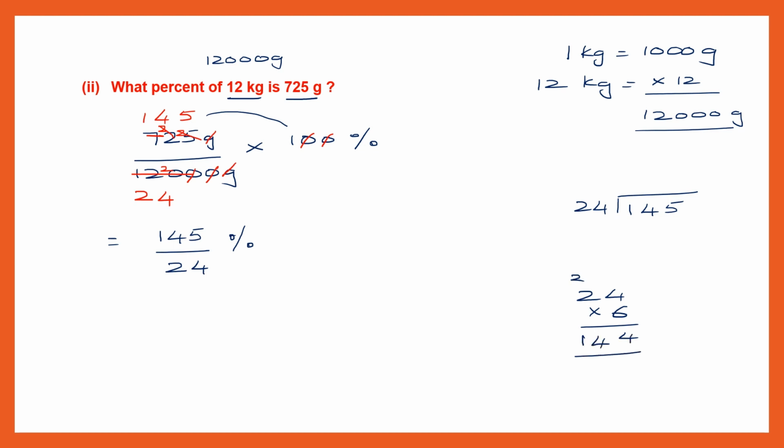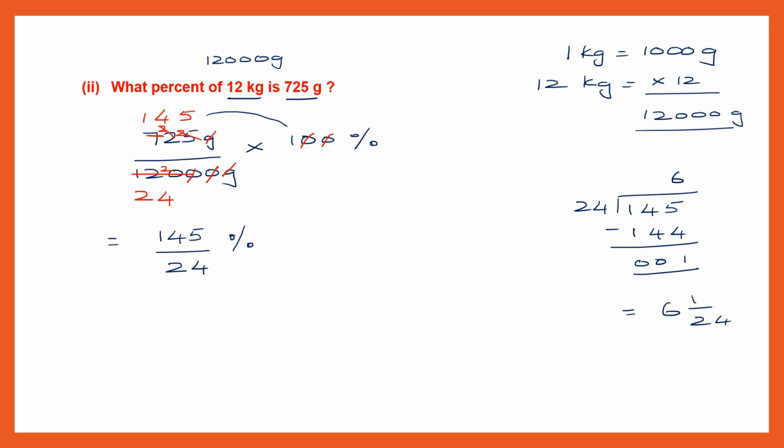We can use this number 144. So 24 into 6 is 144. Subtract: 5 minus 4 is 1. So our mixed number will be 6 and 1 by 24. So our answer here is 6 1 by 24%. This is our final answer.